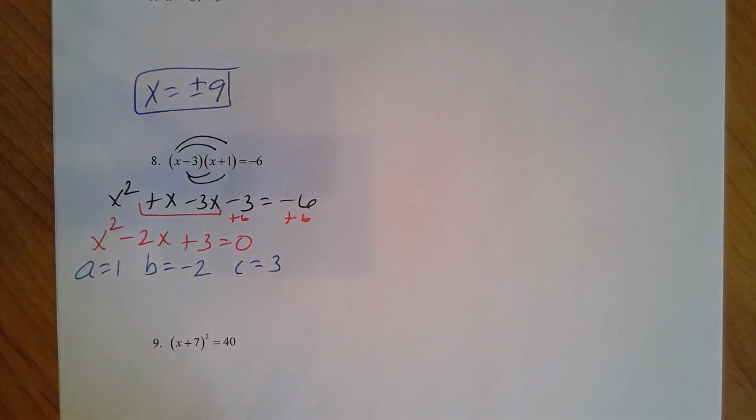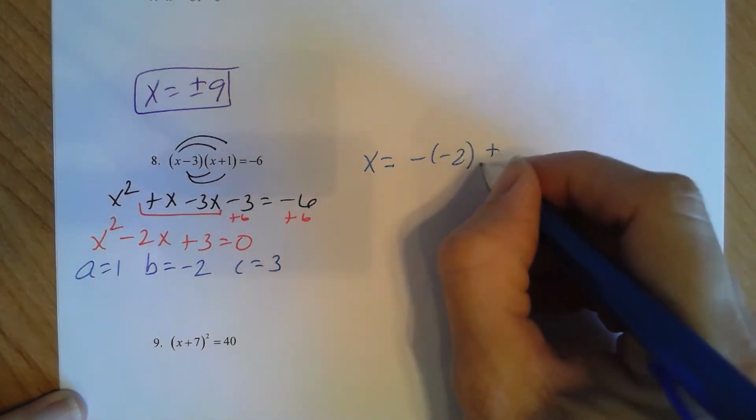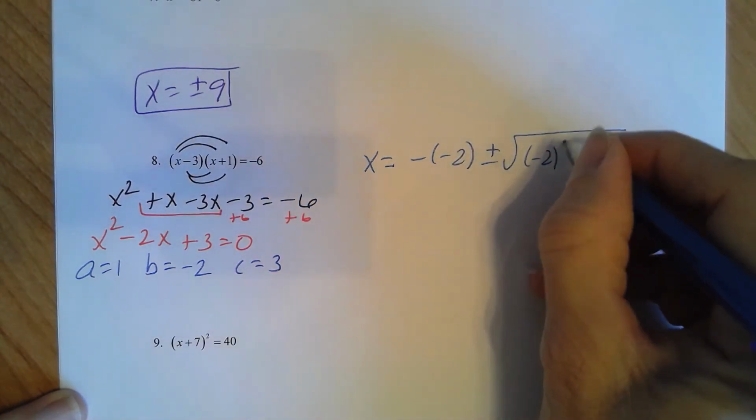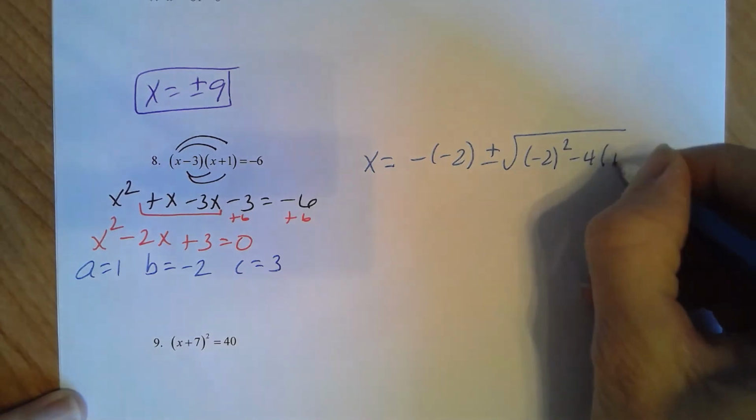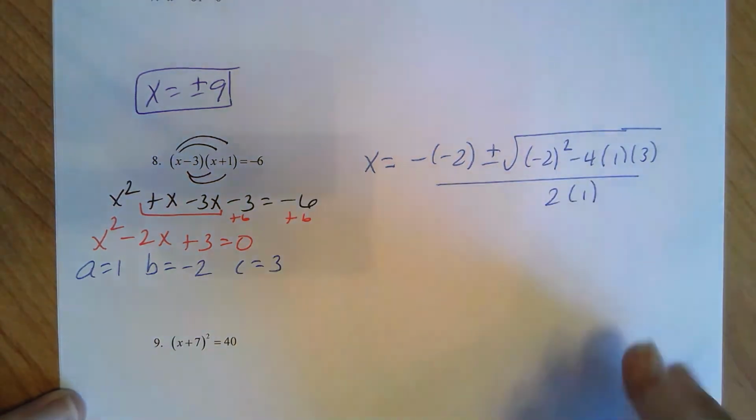So A is 1, B is negative 2, and C is 3. So plugging these into our formula, x equals negative negative 2 plus or minus the square root of negative 2 squared minus 4 times 1 times 3 all over 2 times 1.